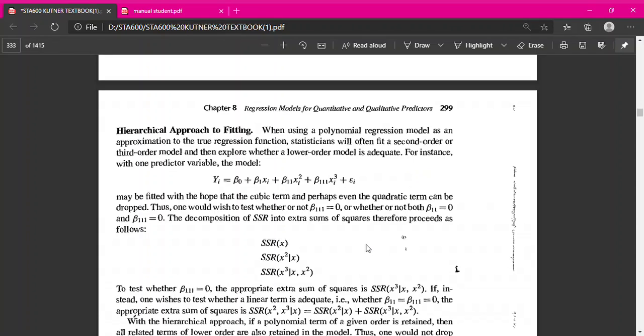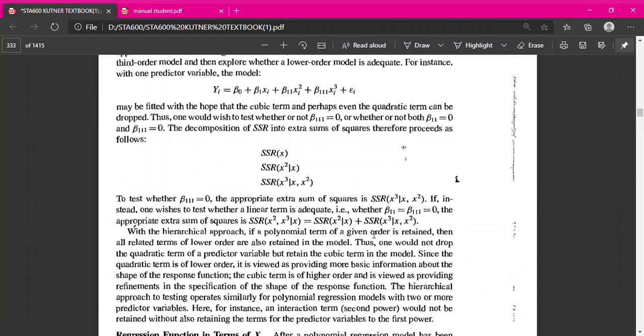So kita check satu-satu. Okay, so kita boleh gunakan extra sum of squares. Contohnya, first kita check dulu SSR bila hanya ada satu variable sahaja, X sahaja. So bila kita masukkan quadratic ataupun second order predictor tadi, X square, kita tengok pula berapa banyak dia reduce. Berapa banyak the error sum of squares will reduce when we add X square while X is already in the model.